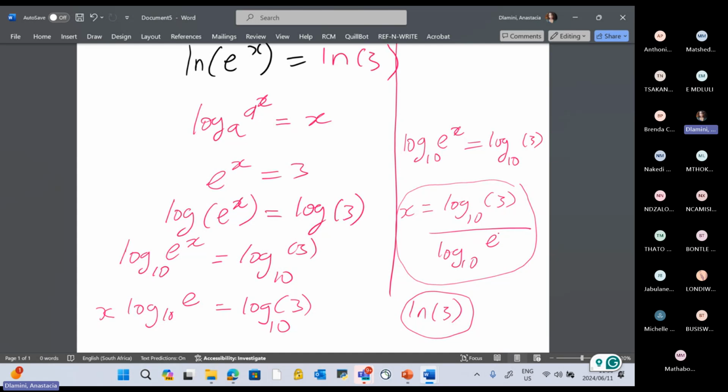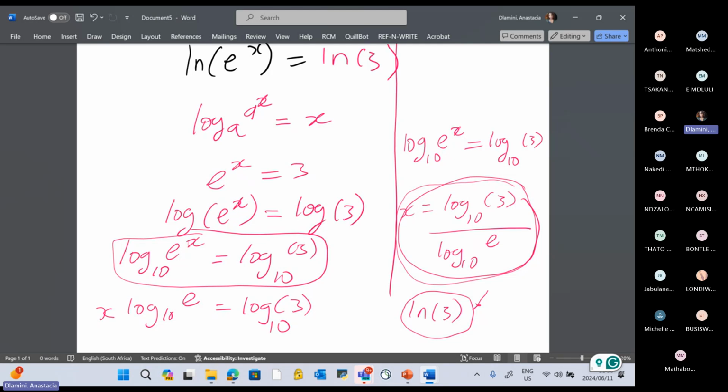It's log e base 10 that we got from here. So this is a long way of actually solving this particular problem. Does it make sense? Yeah, because we have to take a logarithm of a logarithm now.